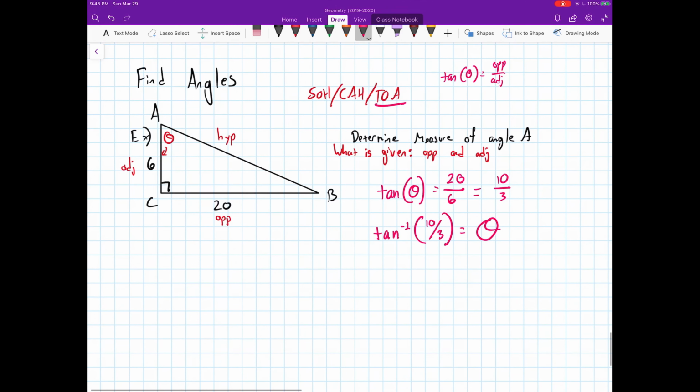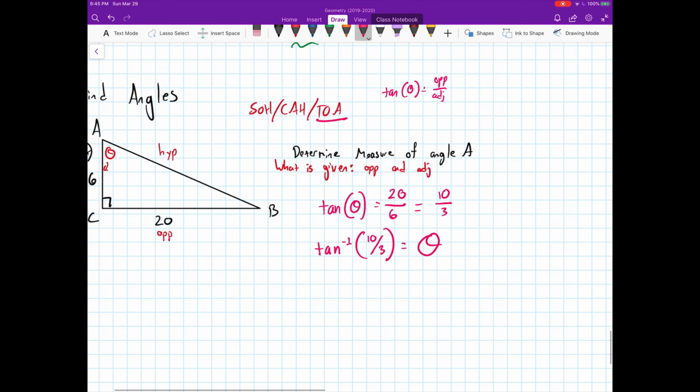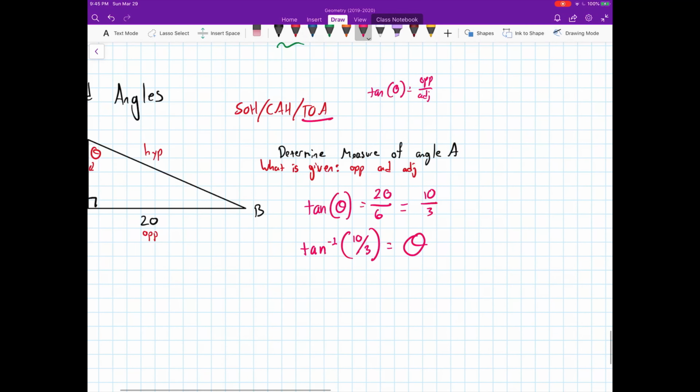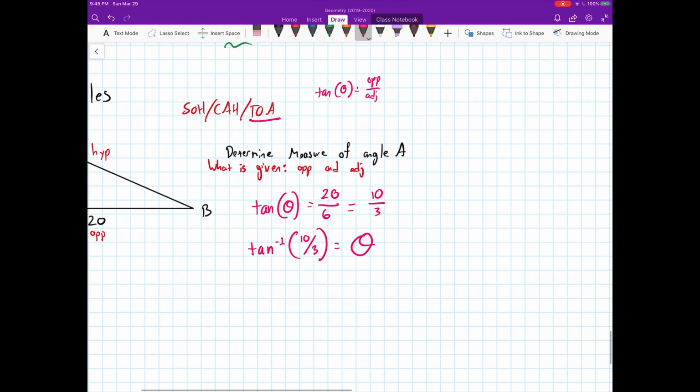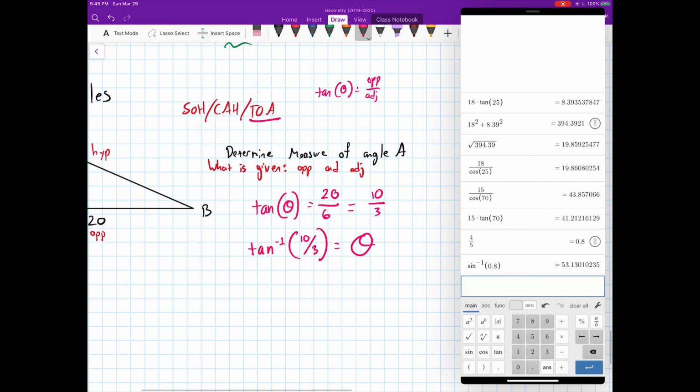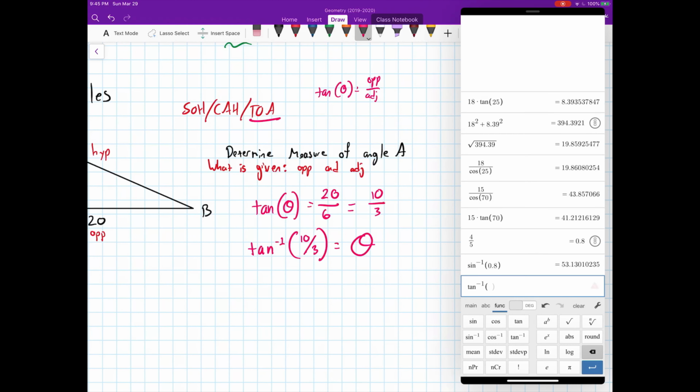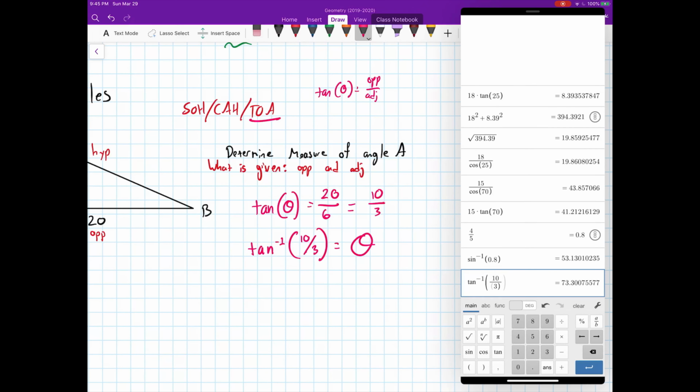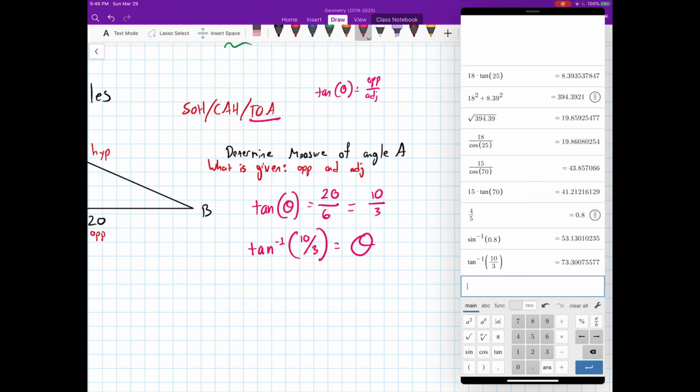So I go to the calculator. I go to functions, tan^-1, and I put 10 divided by 3 in there, and it gives me back my angle, which is 73.3 degrees, rounding to the nearest tenth.